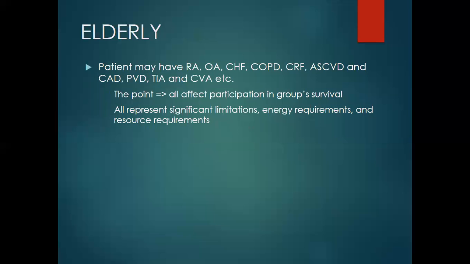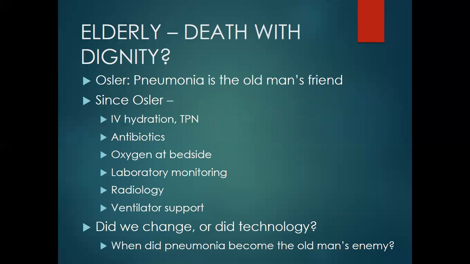All of these things affect the participation in the group survival. So think of the culture, think of it as a group, and how you may look at it differently. And this is how people deal with it from a different perspective in different cultures.